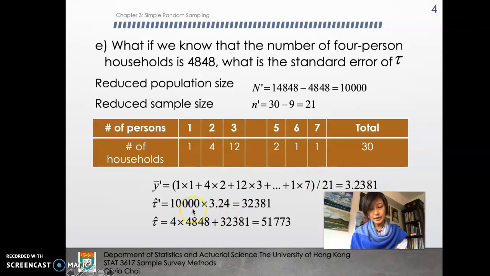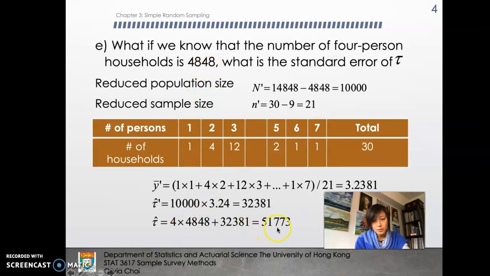So if we multiply that by the new capital N, we can estimate about 32,381 population. But indeed, the total population is this estimate plus the one that we know, right? So 4 persons per household, and those are about 4,848 households with 4 persons.